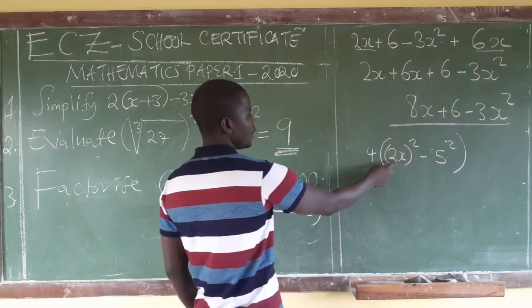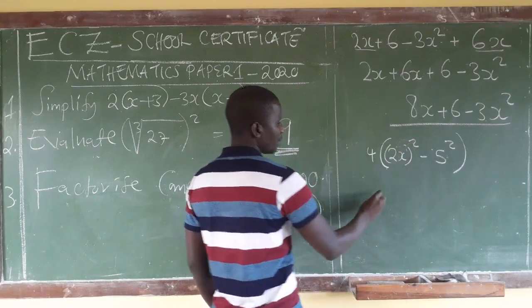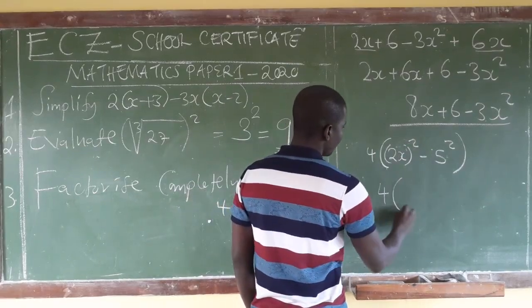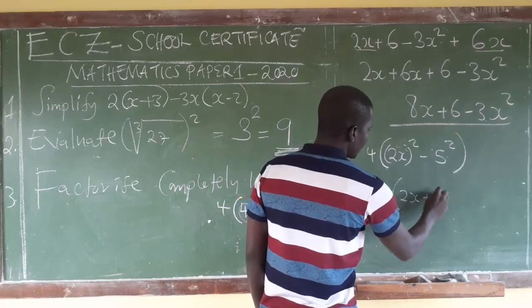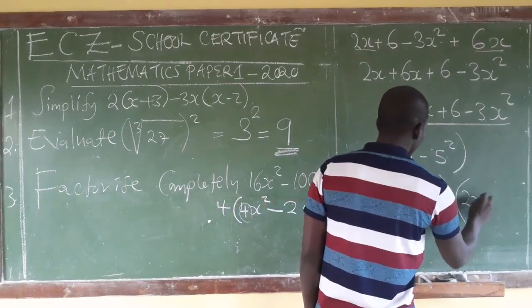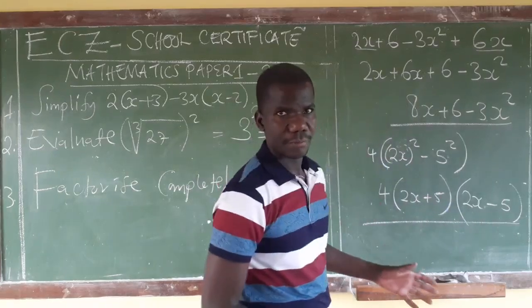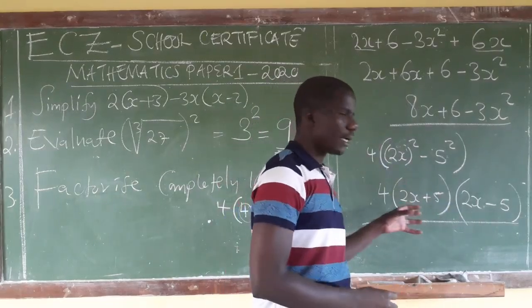Finally, we can come up with our answer as 4 open brackets 2x plus 5, close, open brackets 2x minus 5, close. This is the answer to the third question.